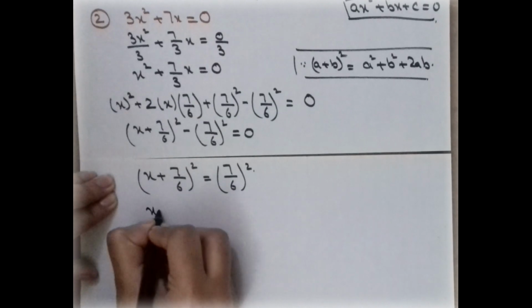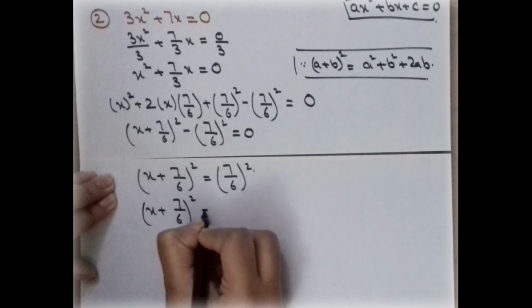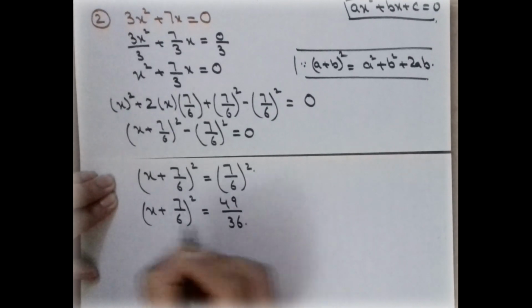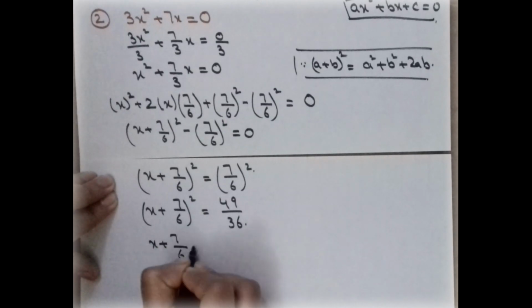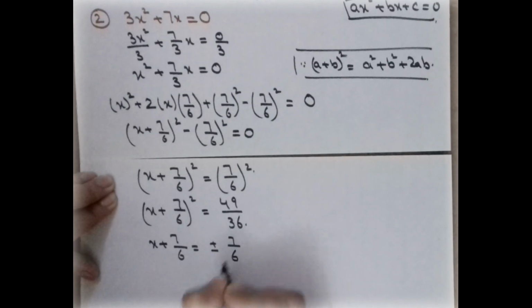So it will be x plus 7 over 6 square is equal to 49 over 36, and taking under root on both sides, we have x plus 7 over 6 is equal to plus minus 7 over 6.